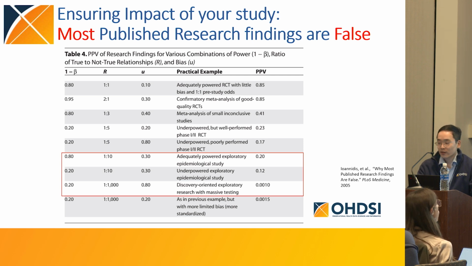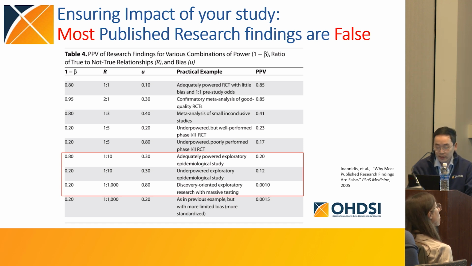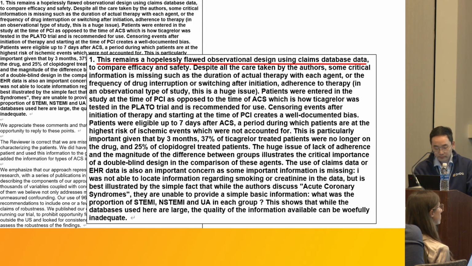So only 1 in 1,000 studies are true. If you conduct a very accurate, well-powered explanatory study within the OHDSI network, then the positive predictive value of your study will be 0.2, so it's a much higher possibility to be true.